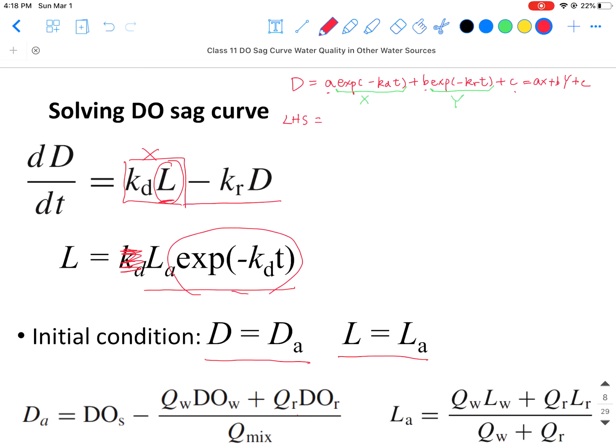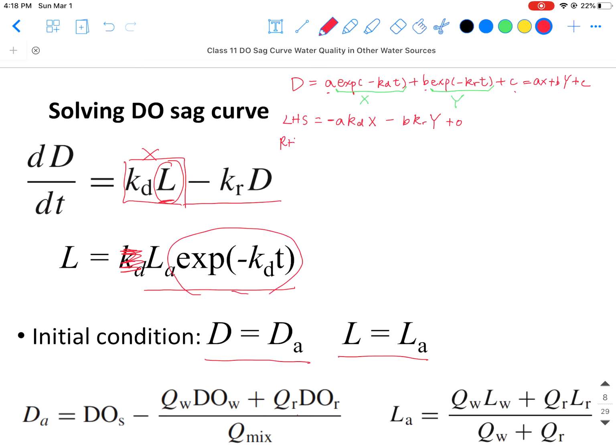On the left-hand side, we have dD/dt, which is going to give us minus A kd, because the derivative of this x term here is going to give us a minus kd term. Okay, that's providing us the x. And also if we take the derivative of this term, that's going to be minus B kr y. And the derivative of C, which is constant, is going to be equal to 0.